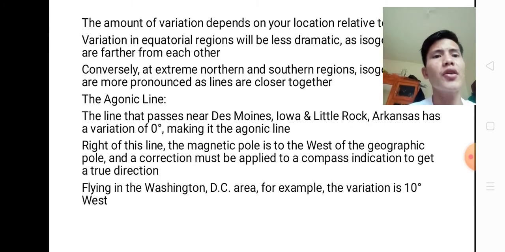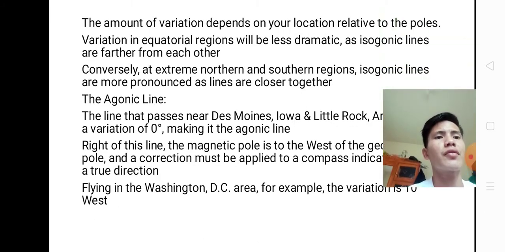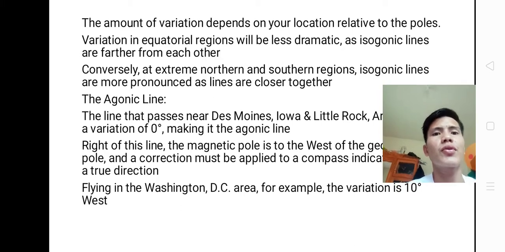The amount of variation depends on your location relative to the poles. Variation in equatorial regions will be less dramatic as isogonic lines are farther from each other. Conversely, at extreme northern and southern regions, isogonic lines are more pronounced as lines are closer together.